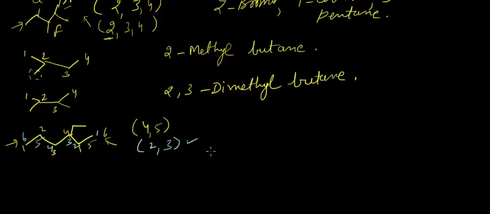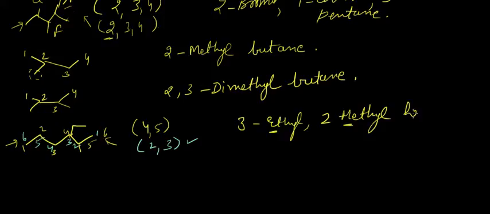I think this one would be chosen over the previous one. The reason is obvious. At the second position we find methyl, and at the third position we find ethyl. So we should write 3 ethyl, 2 methyl, as E comes alphabetically before M, 2 methyl hexane.